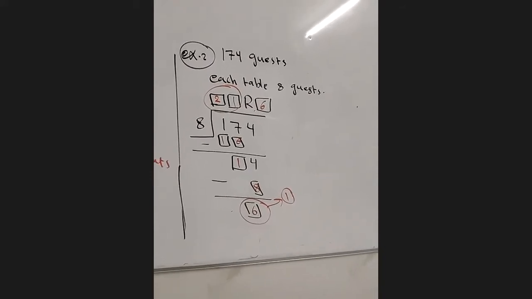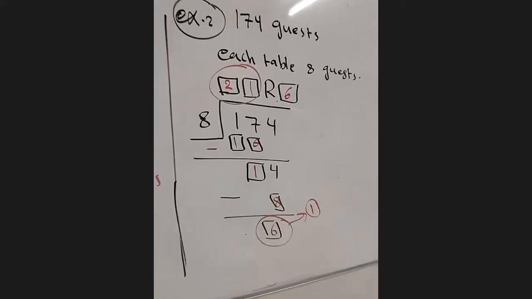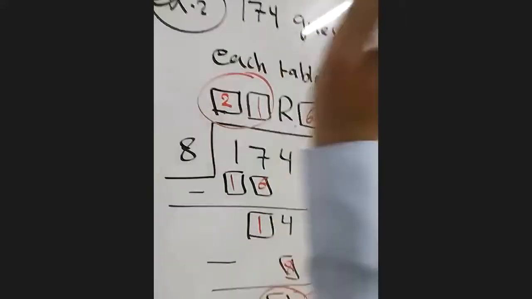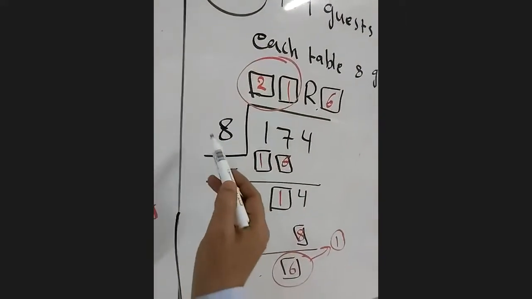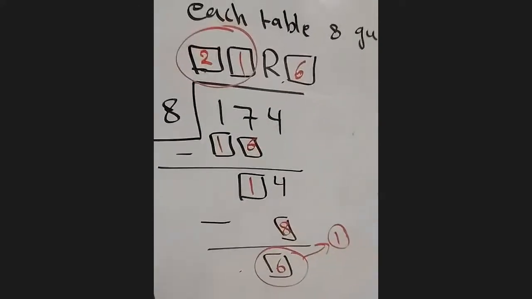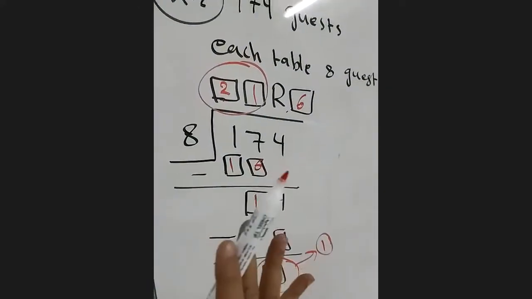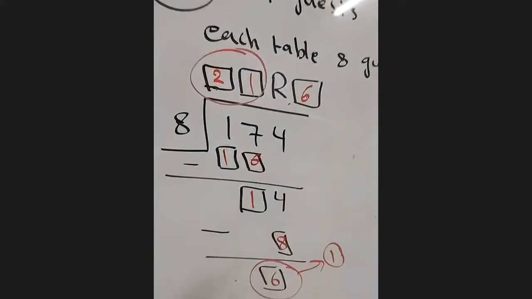Hello? Yes. Omar, focus, focus. What is the 174? It is the number of guests, right? Each 8 guests can sit on one table, right? So we need the number of tables to make all of these 174 guests sit.